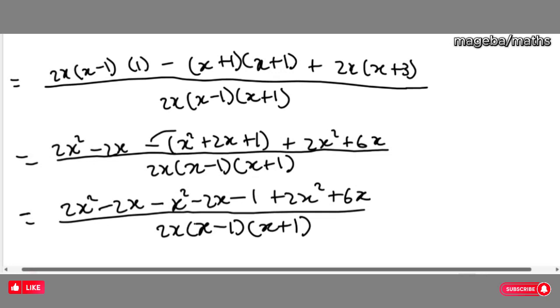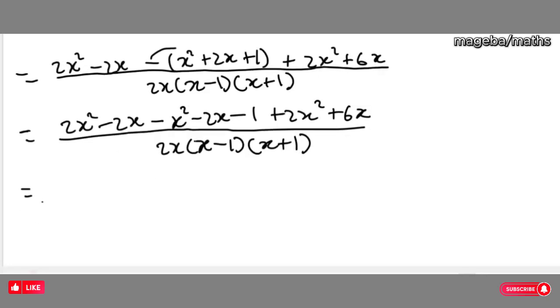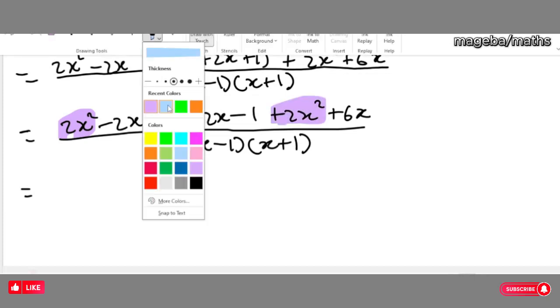equals 2. And then from here I have like terms. I group my like terms. The first one is this one and this one with these signs, and also this one with these signs, and also my other like term is this one with its signs, and also this one with its signs, and also this one with its signs. I'm going to be left with this negative 1 there.